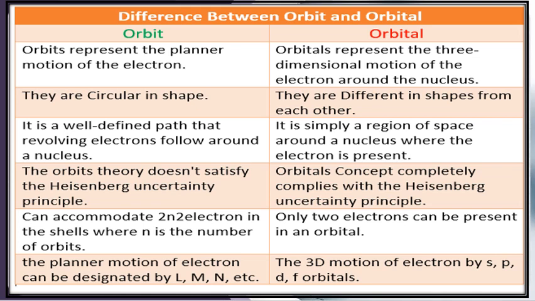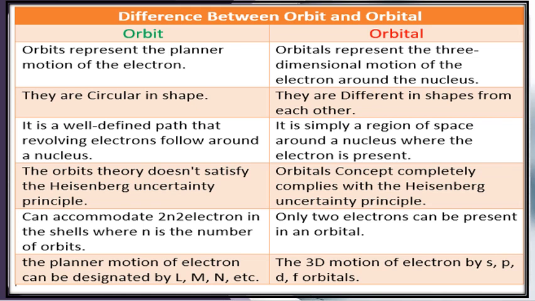There is no satisfactory answer given for orbits by means of the Heisenberg uncertainty principle, but the orbital concept is completely explained by the Heisenberg uncertainty principle when we treat the electron like a wave, right?